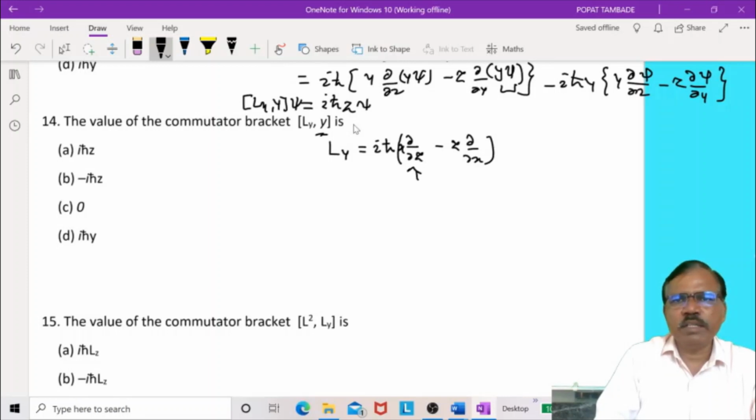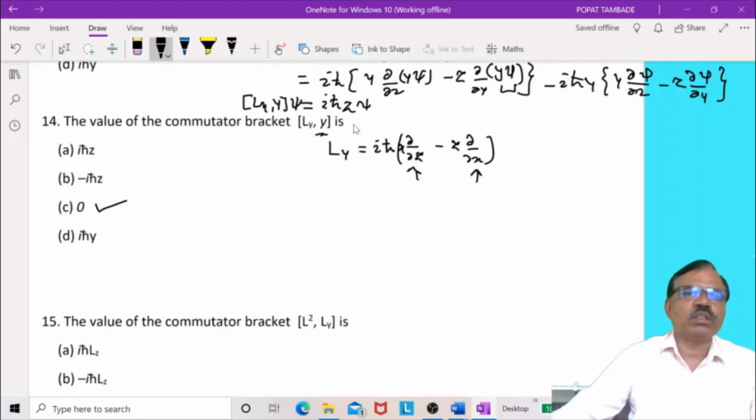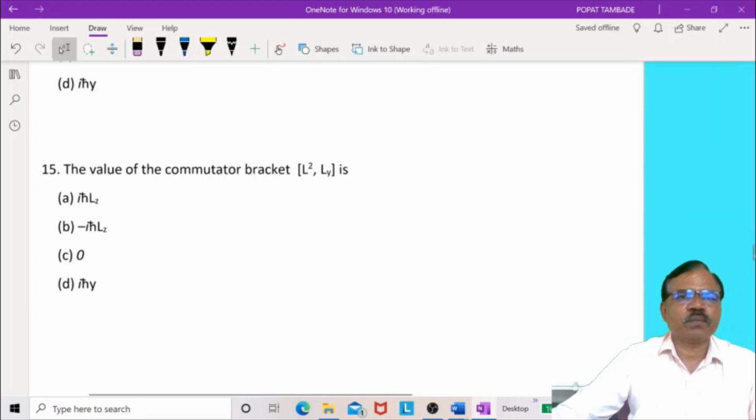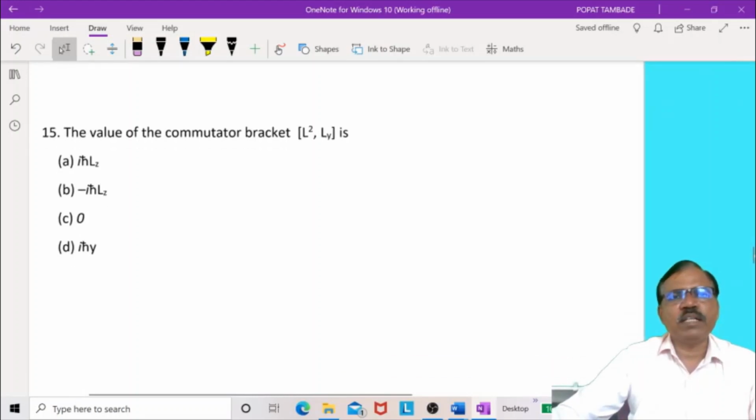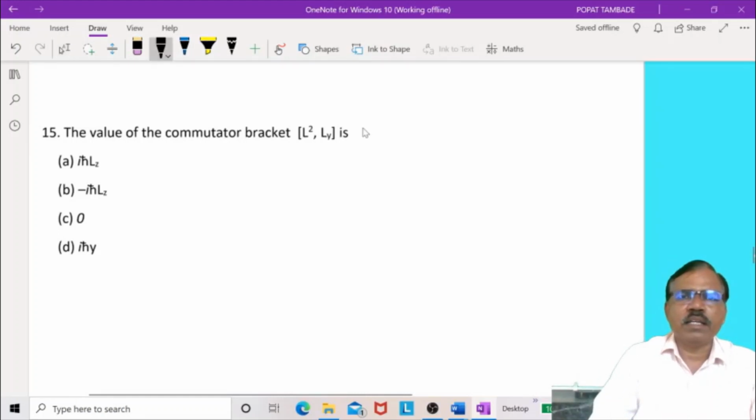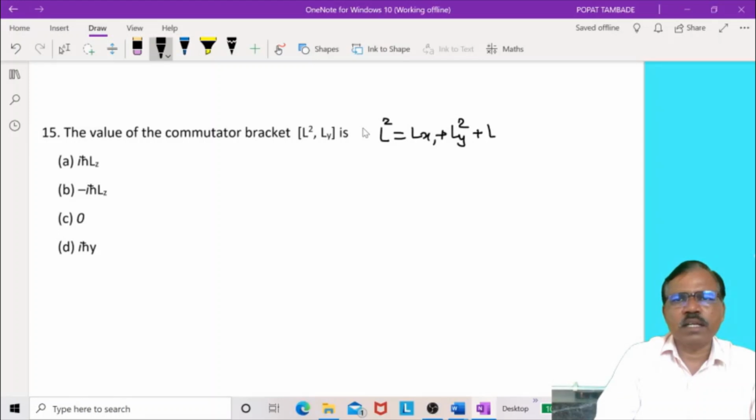So there is no derivative with respect to y. So what happens? This bracket will come out to be 0. So the third one is correct. Now the value of the commutator bracket L square comma Ly is. So here we have to take L square is equal to Lx square plus Ly square plus Lz square. We have to take this.